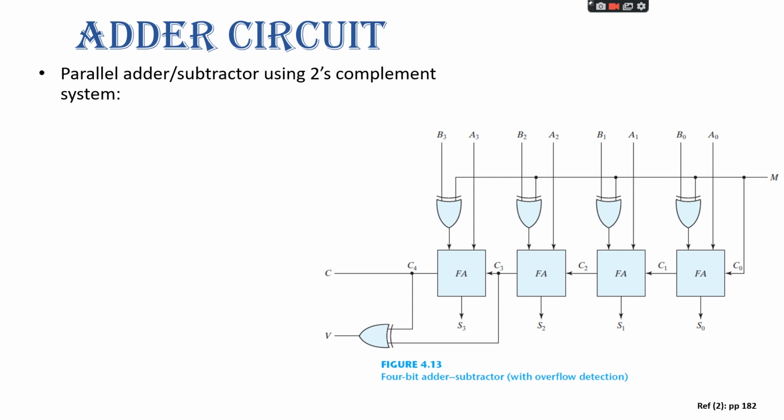So this is another adder circuit that can perform both addition and subtraction, but this configuration is different from what we have learned in the previous 2 slides. So what is happening here?